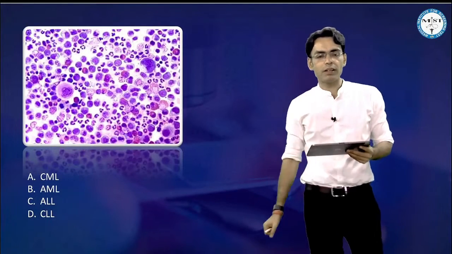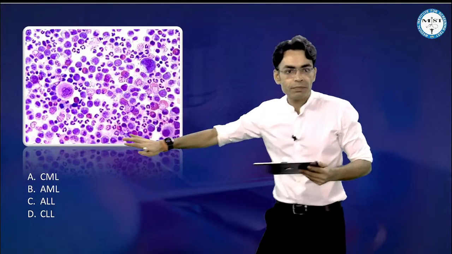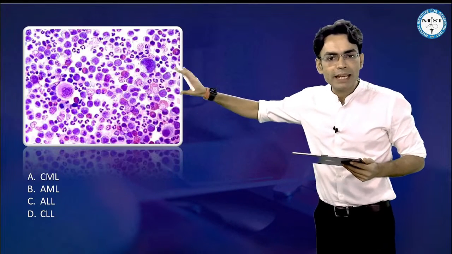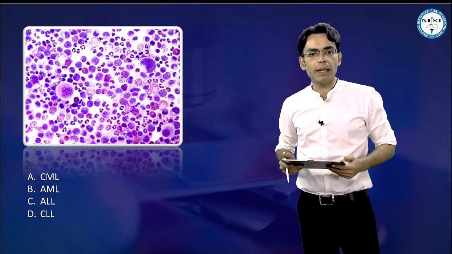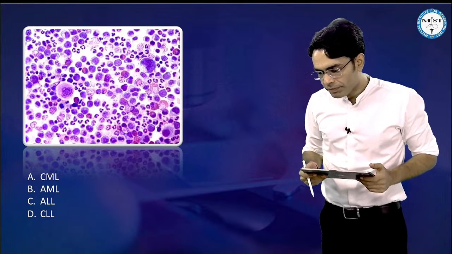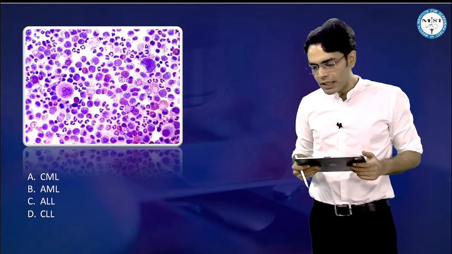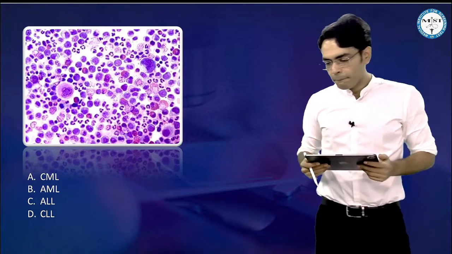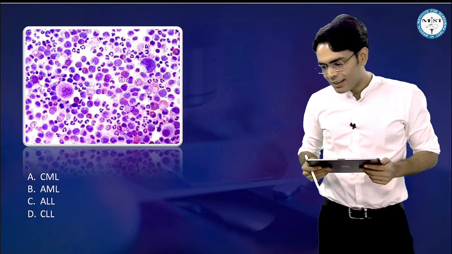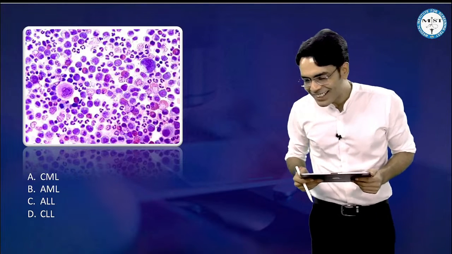Be brave. Okay, tell me this. See the options. I'm talking about the leukemias here, okay? So tell me, which leukemia can give you this kind of picture? Tell me. Yes. Tell me which leukemia can give me this kind of picture. हाँ अल्ताफ, तेरी बात सुन रहा हूं मैं. बता बेटा क्या क्या बोल रहा है.